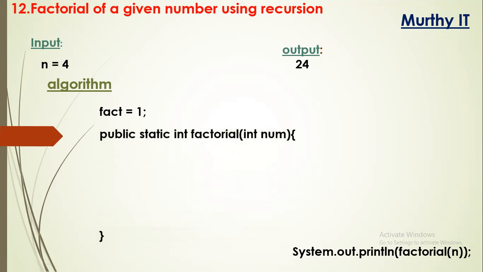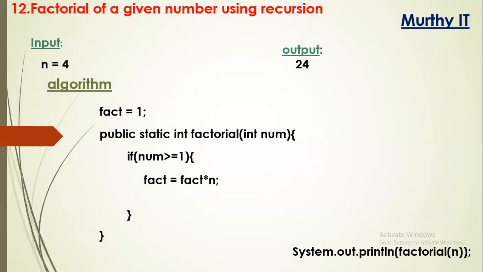So now I am taking this method. If number is greater than or equal to 1, until this condition is true, I want to calculate the factorial. So now fact equal to fact into n.